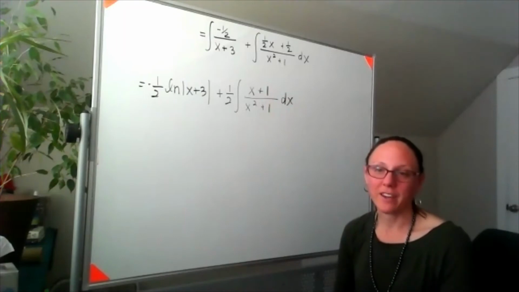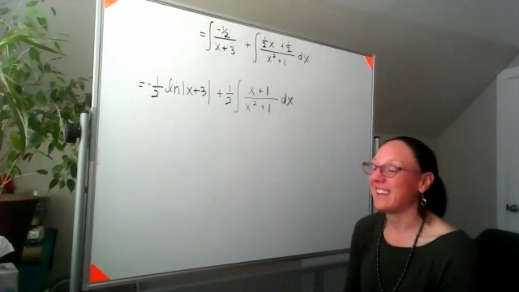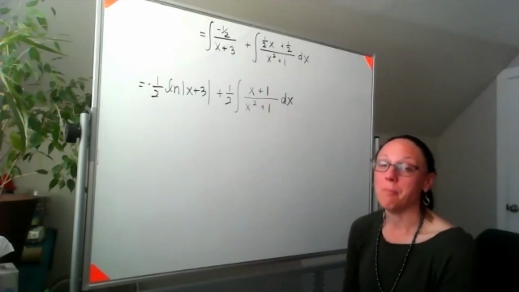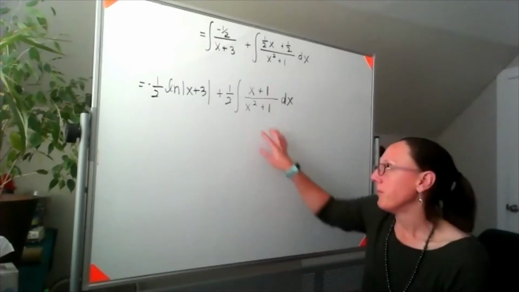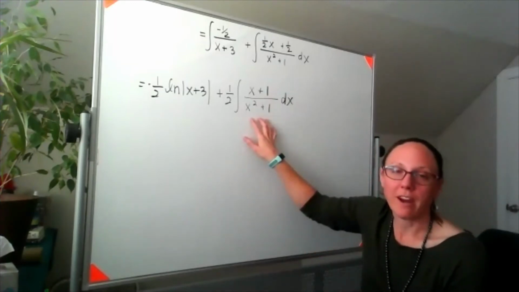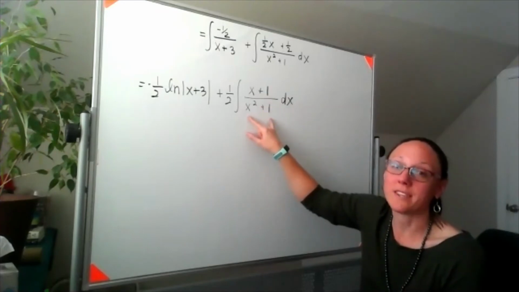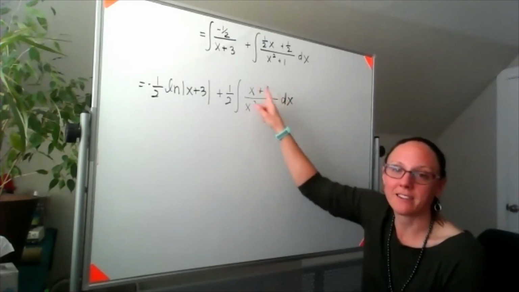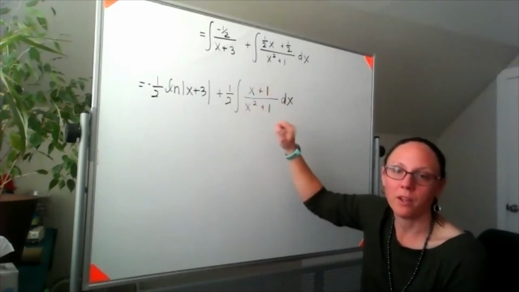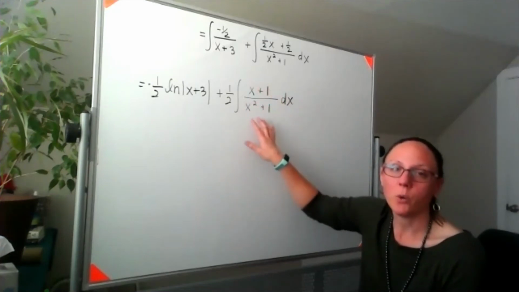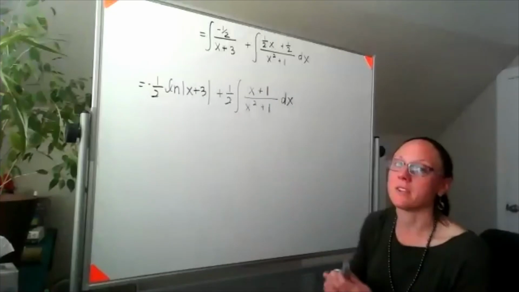So here's the trick that is going to happen most of the time when we have an irreducible quadratic like this in the denominator. Even though we solved this as if it said ax plus c on top, in order to finish the integral, we want to break this apart into two pieces.